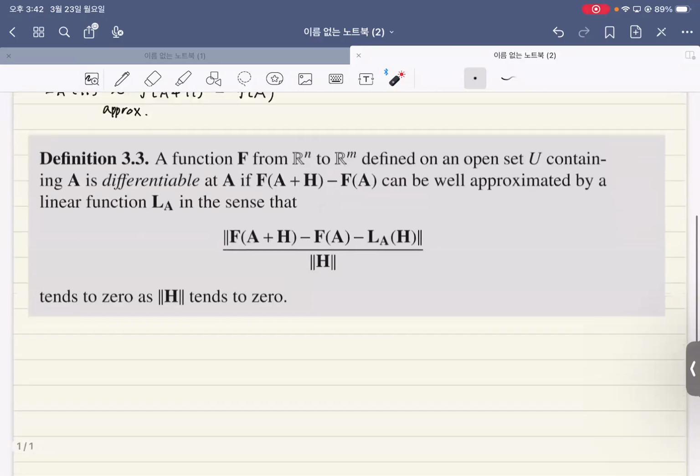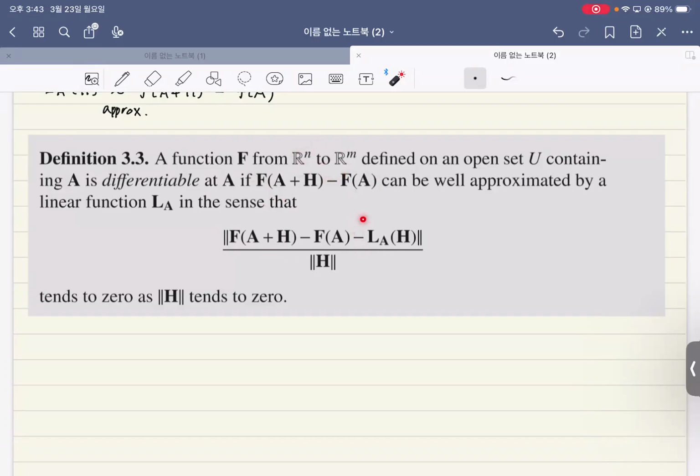What is L_a? For now, let us suppose that our function f is differentiable at point a. Then f of a plus h minus f of a is a function defined on R^n to R^m.